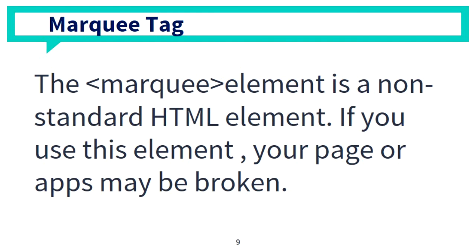It means that the tag has an opening element marquee and a closing element marquee. It has a number of attributes. The marquee is very interesting in a web page. Whenever you see any web page or website, you can see a title or information floating on the screen, moving from left to right or from right to left. These kinds of things are done by using the marquee tag.